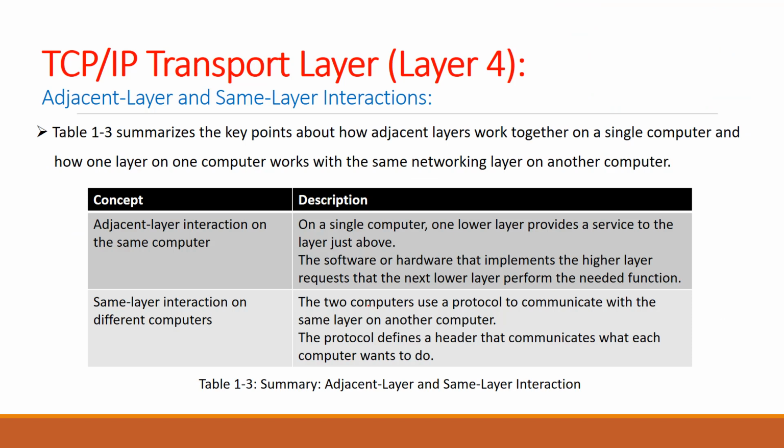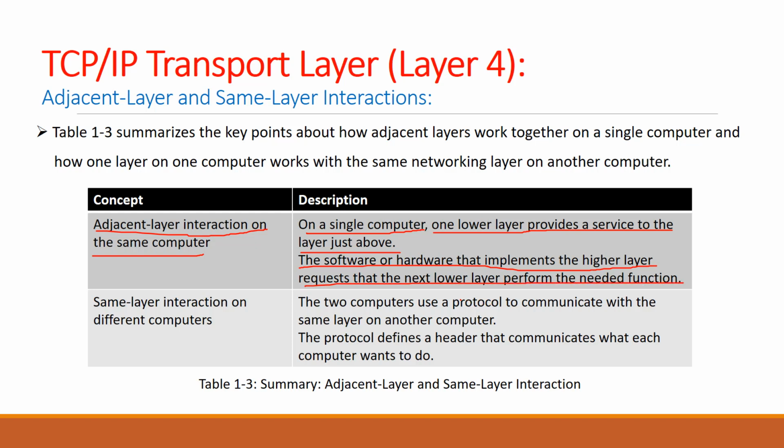As a definition, here are more details of how adjacent layer interaction happens on the same computer and same layer interaction on different computers. Adjacent layer interaction on a single computer: one lower layer provides a service to the layer above it. As we saw, the transport layer provides a service to the application layer. So the software or hardware that implements the higher layer requests that the next lower layer perform the needed function.